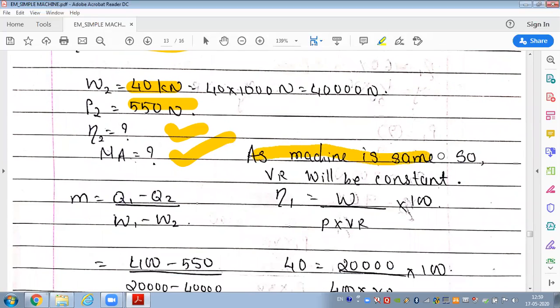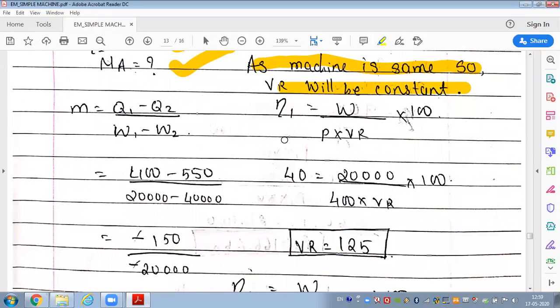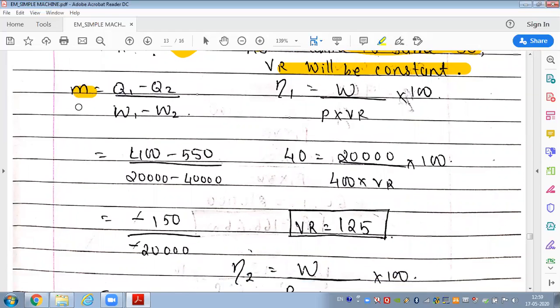As the machine is the same, the VR will be constant for the two machines. So what is M? M is the slope, Q1 minus Q2 upon W1 minus W2. The two effort forces and the two loads are both given here.